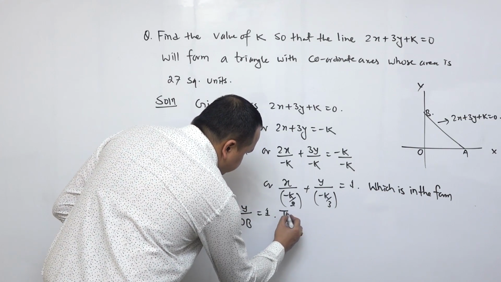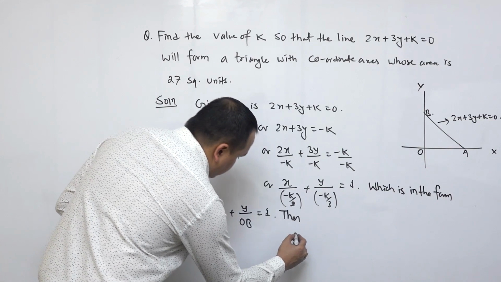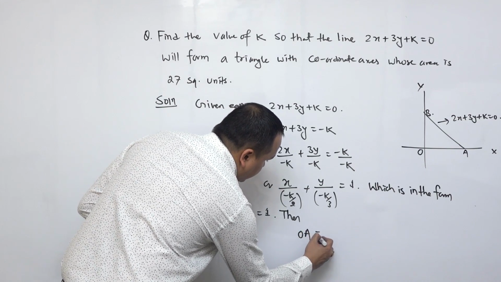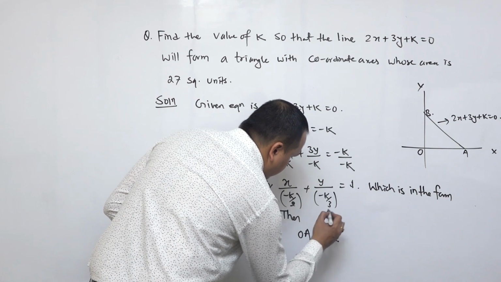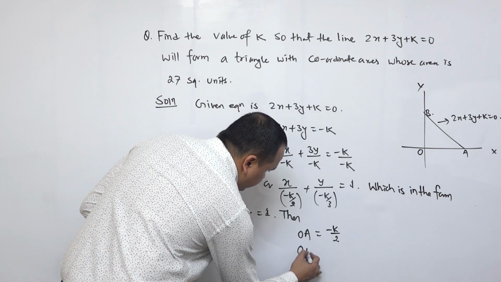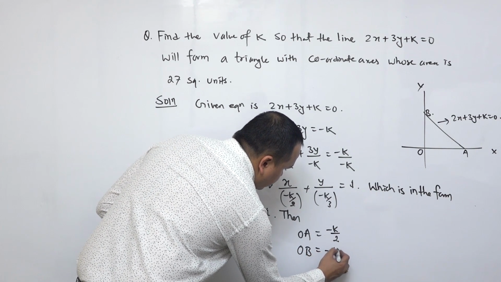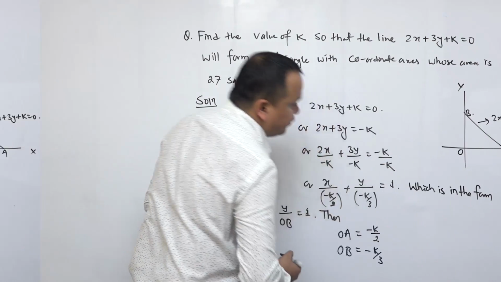Then OA is minus k by 2, OB is minus k upon 3.